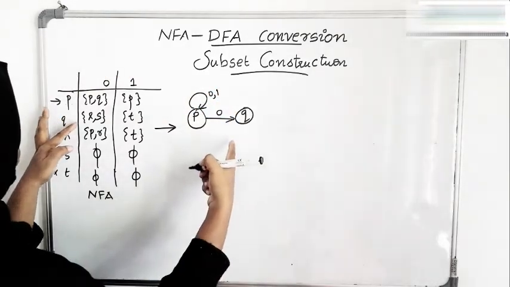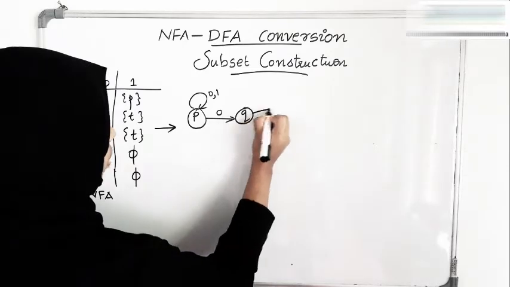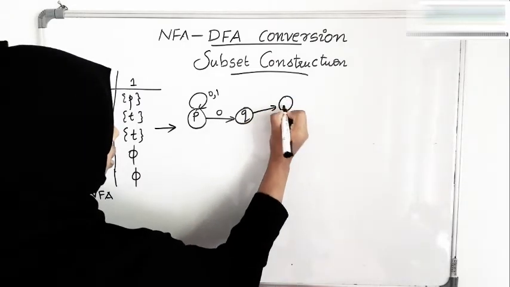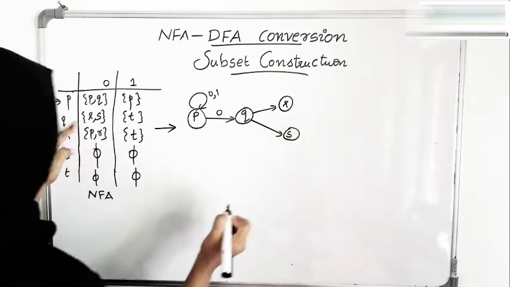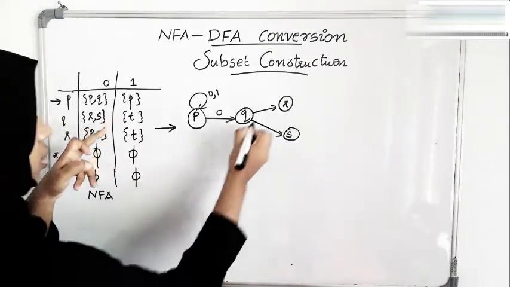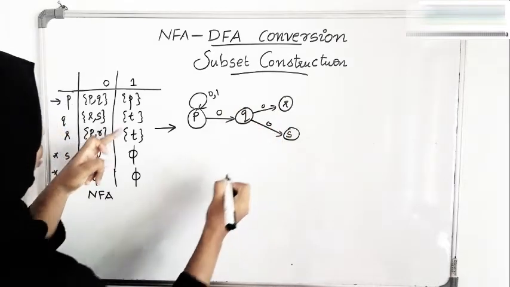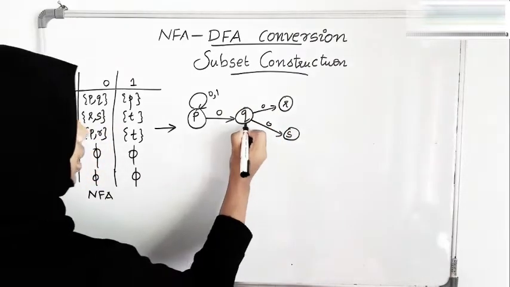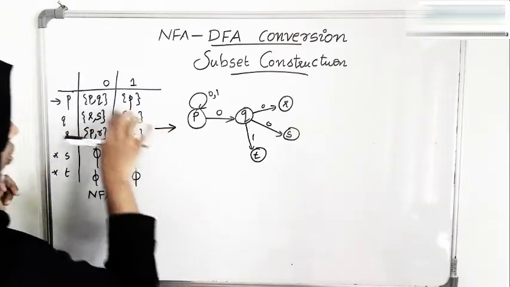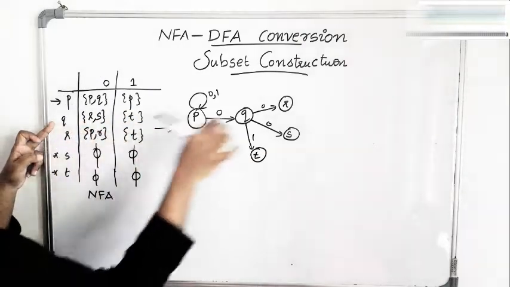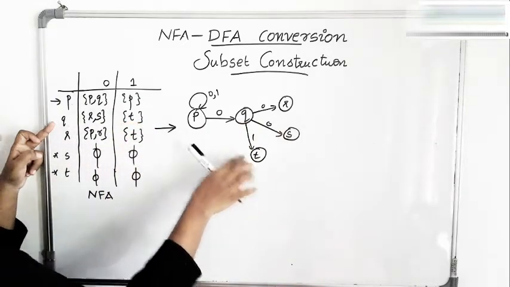Now from Q on 0, you are moving to R and also S. On 1, you are moving to T.